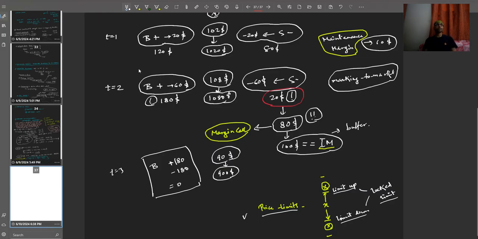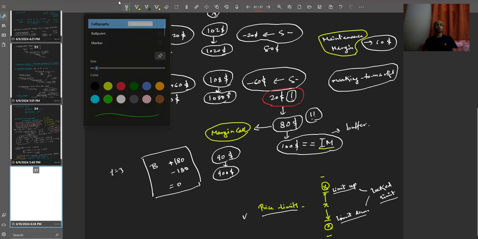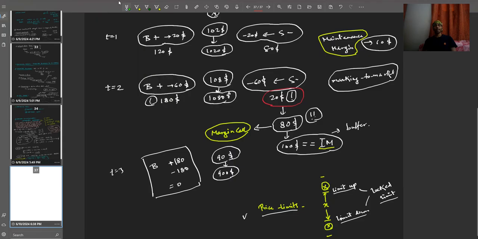So let's say the seller was at $20, and plus 180 takes his account balance to plus $200. This is the situation of the seller after the third day.